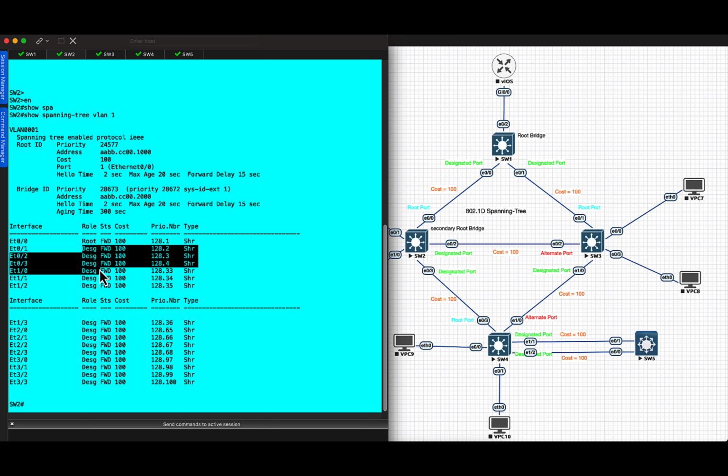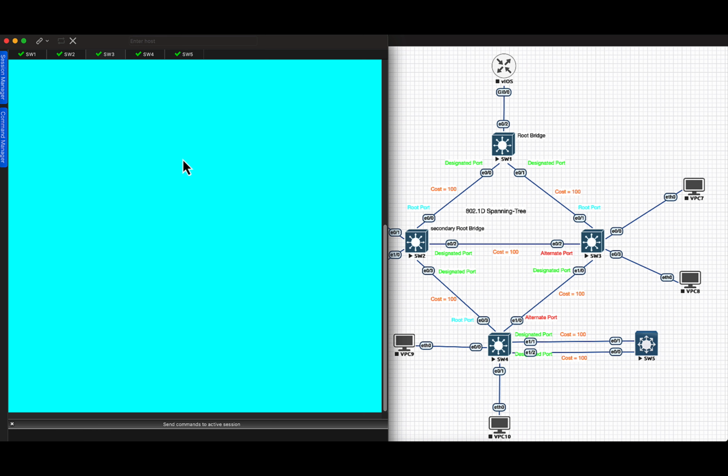Then it has multiple interfaces in the designated role in forwarding state. And we're going to look at the reason why the switch selected this particular interface as a root port role versus the other interfaces here.